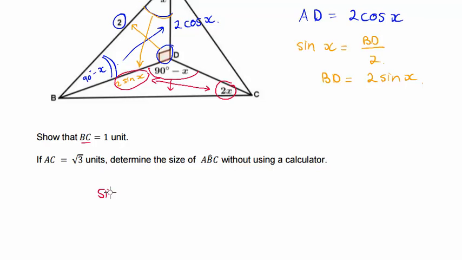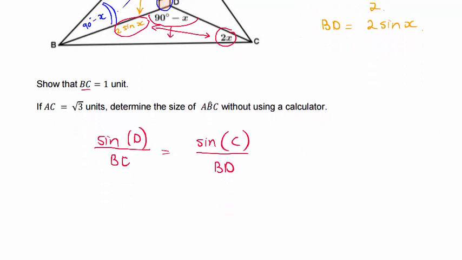So I will have that sine of angle D divided by BC is equal to sine of angle, now the angle that I have, C, divided by BD. And now I substitute what I have.